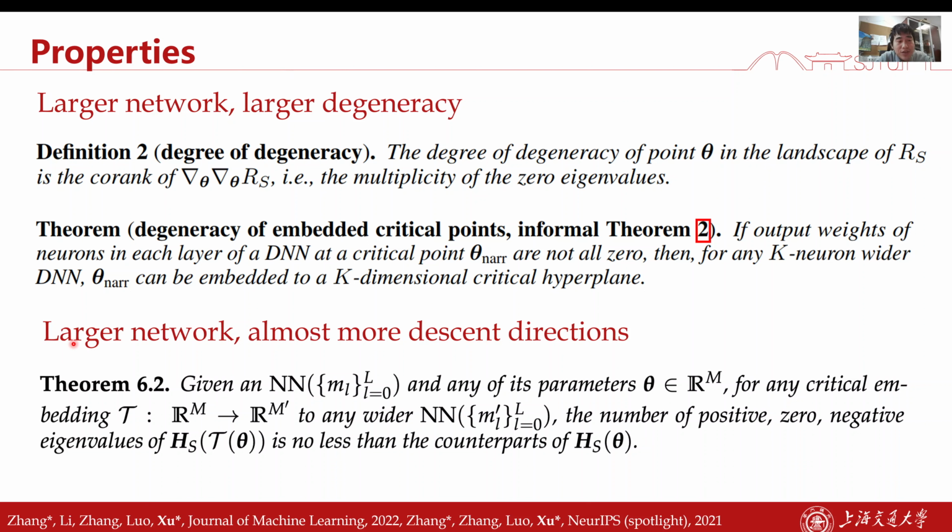And for large networks, it almost always has more descent directions, meaning it has more directions to escape. It's easier to decrease the loss.